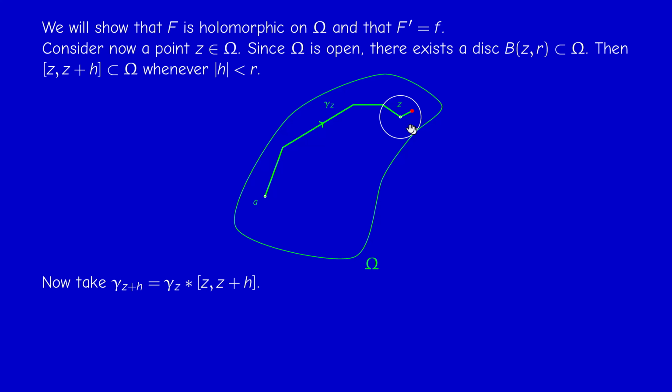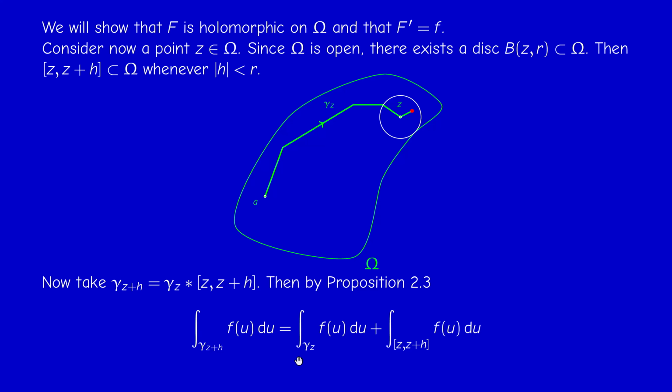Now take the path gamma Z and compose it with the straight line segment joining Z to Z plus H. Z plus H is in red here. Then this is just a polygonal path joining A to Z plus H. By proposition 2.3, the integral of small f over gamma Z plus H is the sum of two integrals: the integral over gamma Z plus the integral over this straight line segment joining Z to Z plus H with the same orientation.